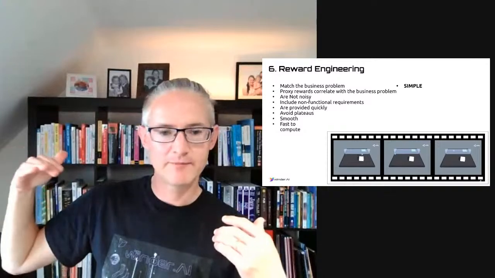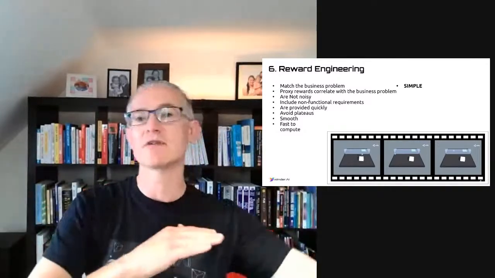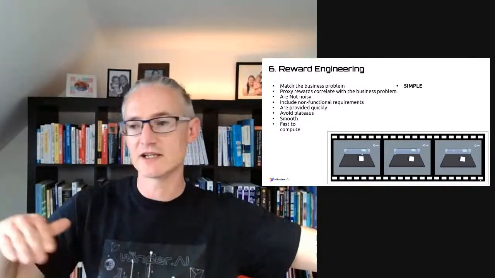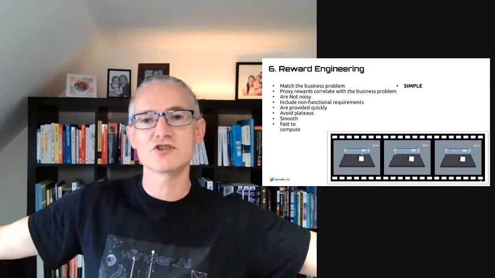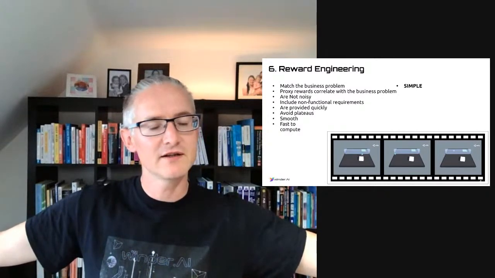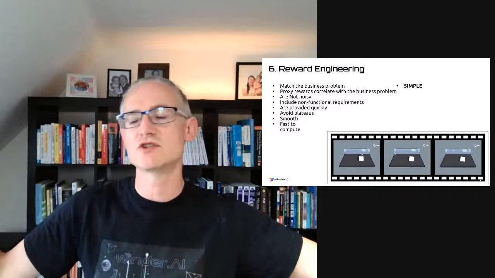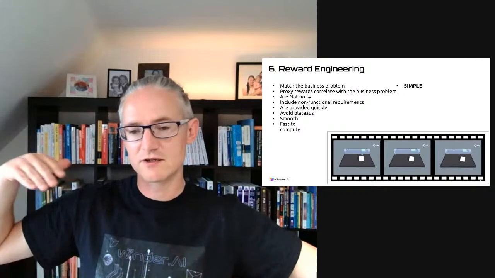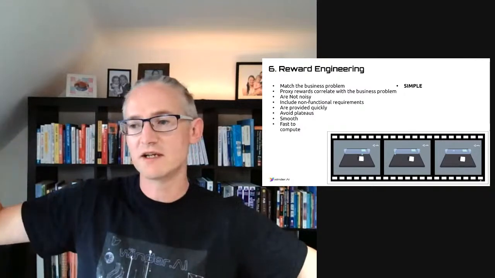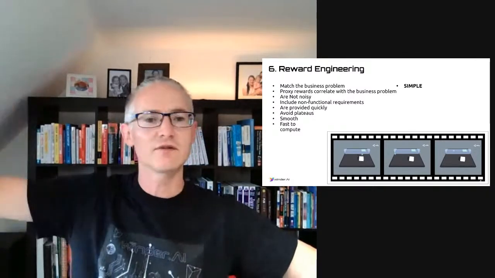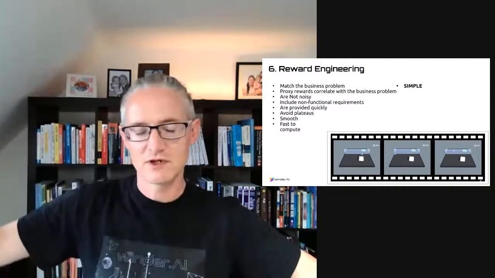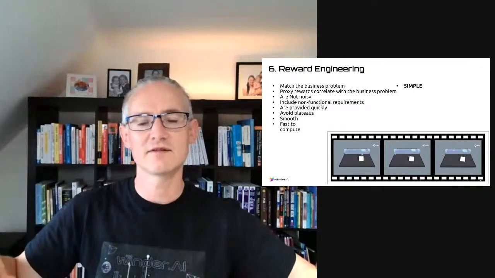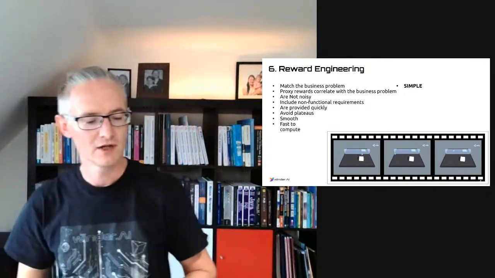If you're trying to climb a mountain in the Lake District in the north of England, but you're in London and you're just deciding whether to go left or right, there's really no difference in choosing between left or right. And actually, the agent is just going to spend a long time randomly wandering around this nearly flat reward plateau.